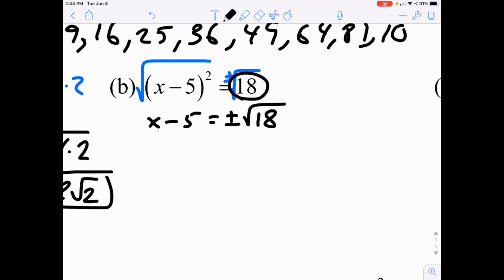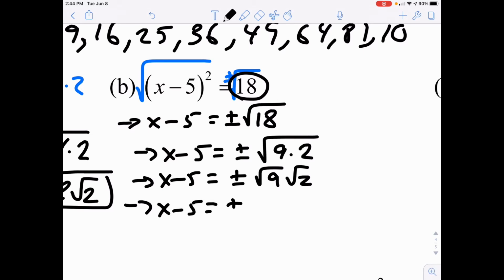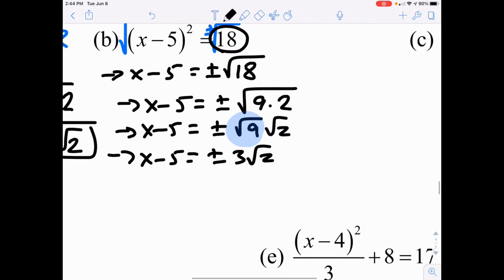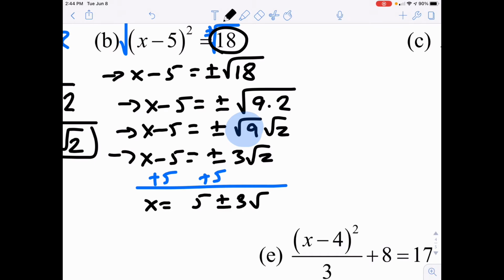So we change this into x minus 5 equals plus or minus the square root of 9 times 2, which is the square root of 9 times the square root of 2. X minus 5 equals plus or minus, take the square root of 9, and that would be 3 radical 2. And then last step, let's add the 5 over here. And we get x is equal to 5 plus or minus 3 radical 2.